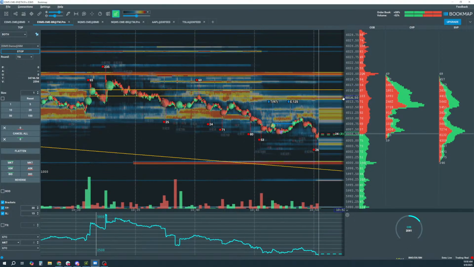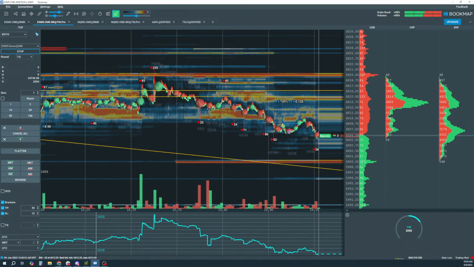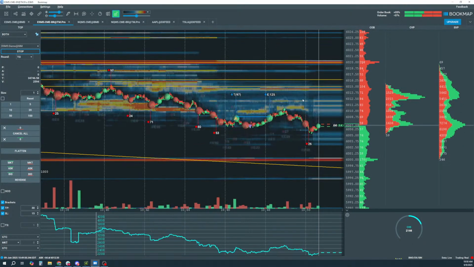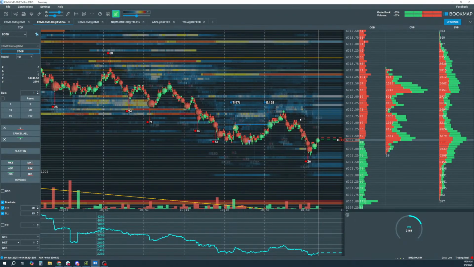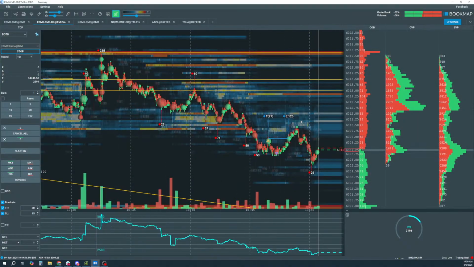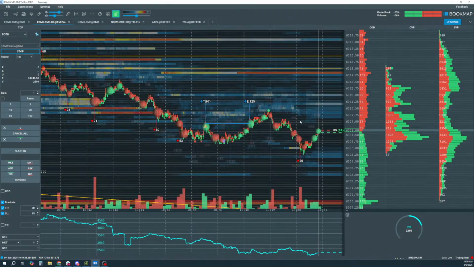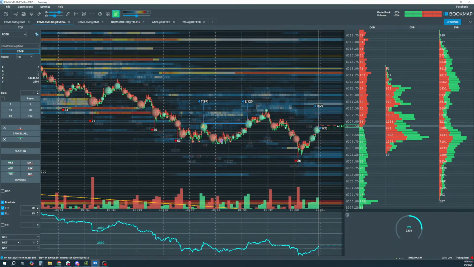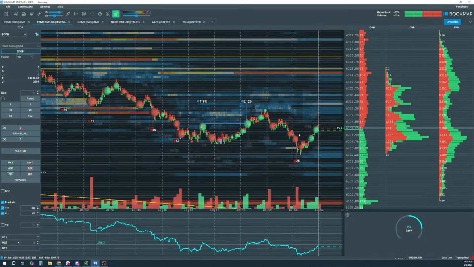All right, let's see if the sellers have enough supply in here to hit the 6,000. And again in here, if this was going to be a continuation pattern, then we need a low volume pullback to here.